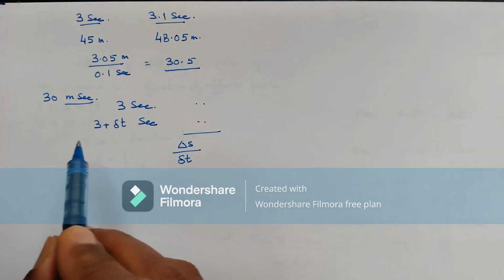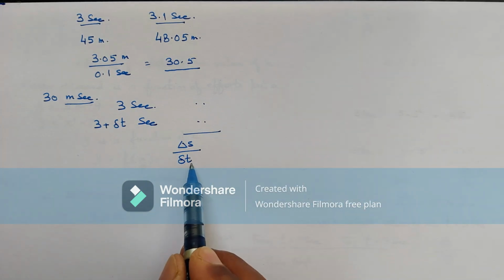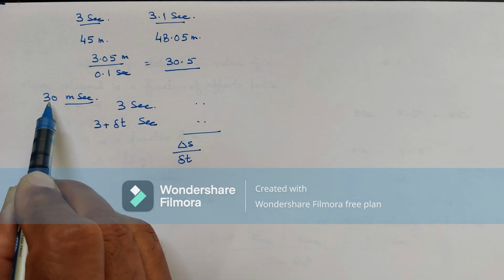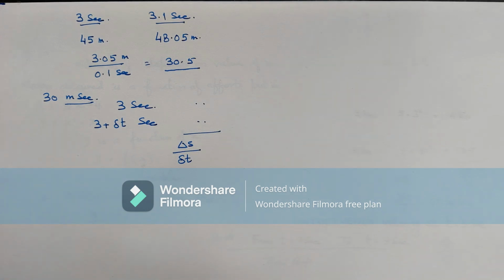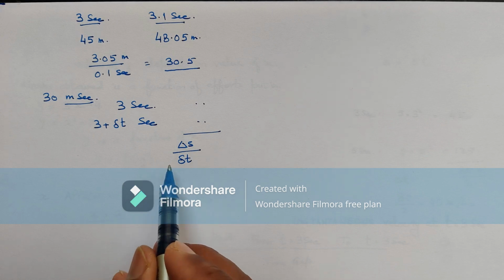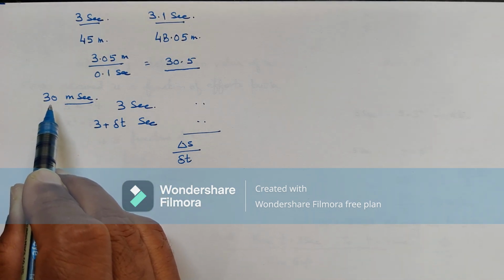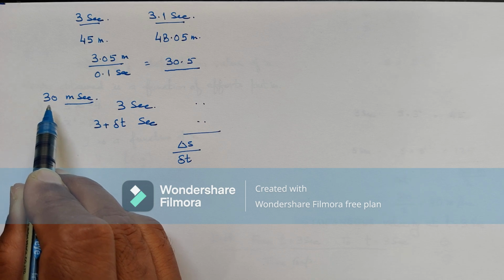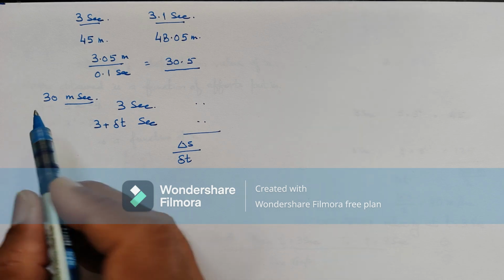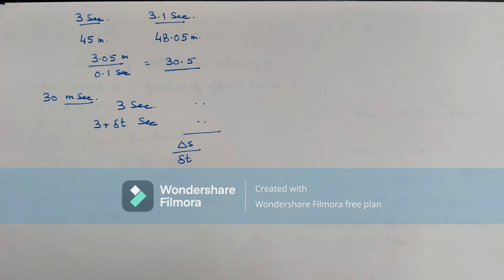And this will be close to 30 meters per second. Close is a very, very mathematically incorrect word. There is nothing called close. My claim is I can bring it as close to 30 meters per second as desired by reducing delta t more and more.